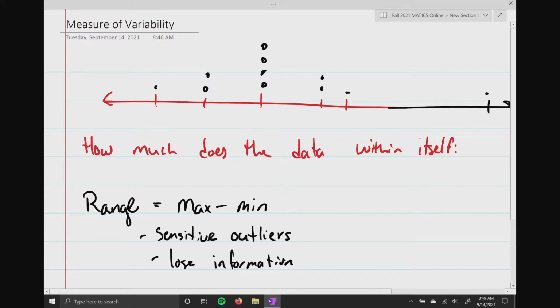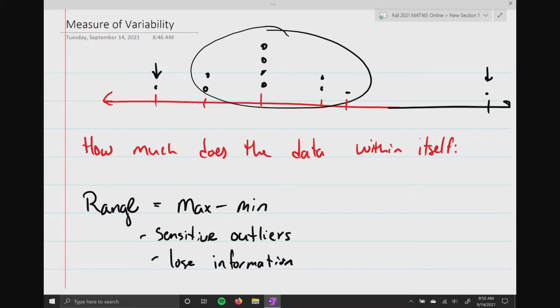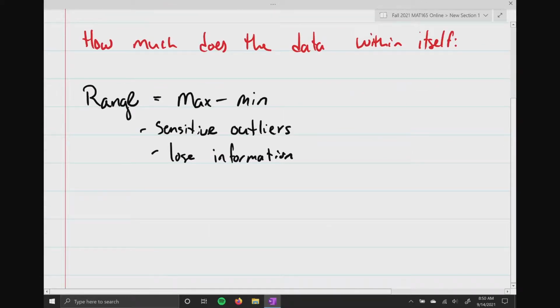Just one little one all the way off to the right. When you're calculating the range, all you're going to use are the extreme values, the maximum and the minimum. Notice you lose all this in between. So the range, although it's used, it doesn't really tell us too much about how the data varies within itself.